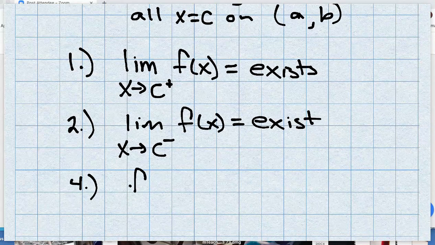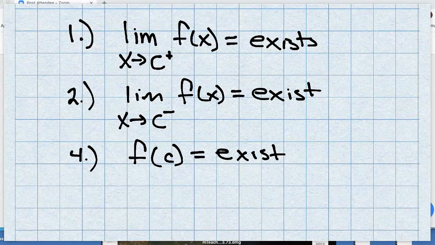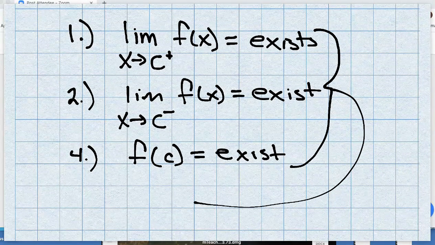Does the function at c exist? And all of these, oops, my numbering is a bit bad there, have to be the same. They all have to be the same.